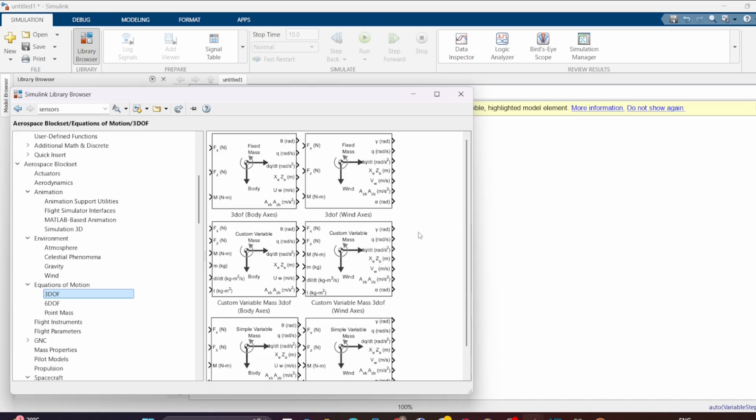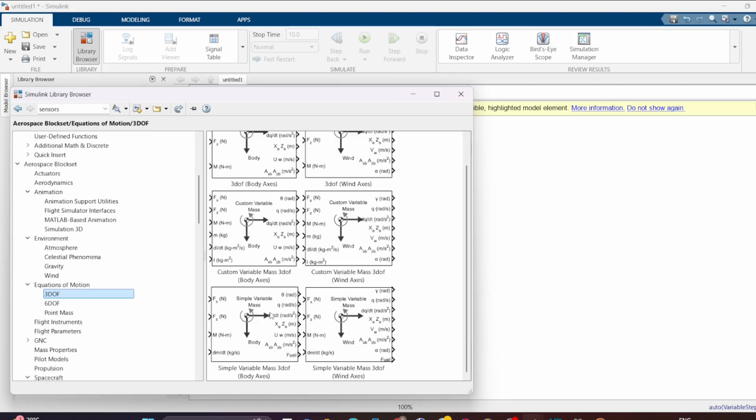They use Newton's law, force equals mass times acceleration, and moments affect rotation. These blocks determine position, velocity, and orientation. Without this, simulation is not possible. Here you can see 3DOF body axes, 3DOF wind axes, custom variable mass, and others. There are 6 blocks.